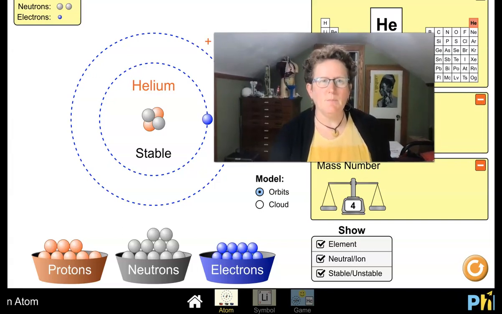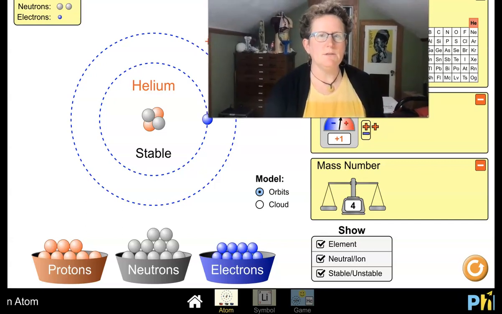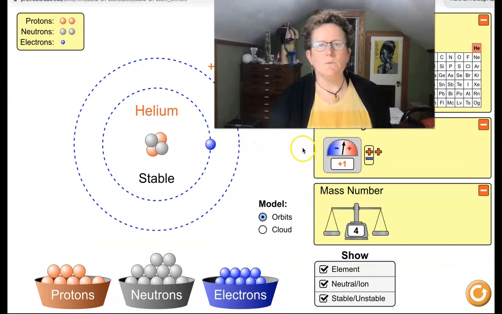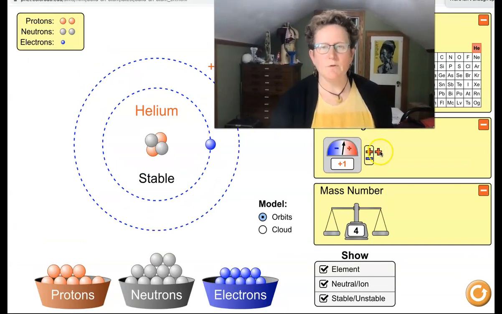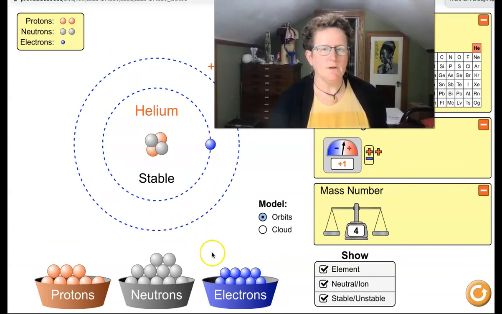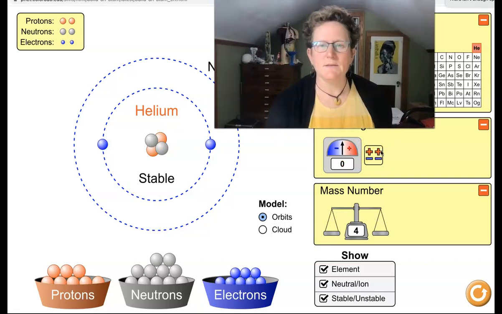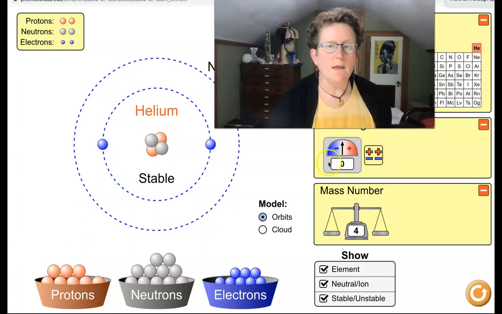And let's just kind of play around with net charge here and see what happens. So the net charge shows us the number of protons and the number of electrons. So if I put another electron here, you can see that the negative electron cancels out the positive proton and the net charge goes to 0.